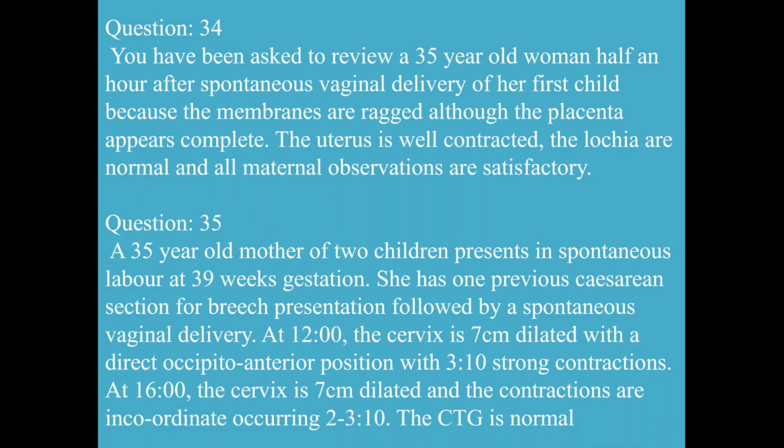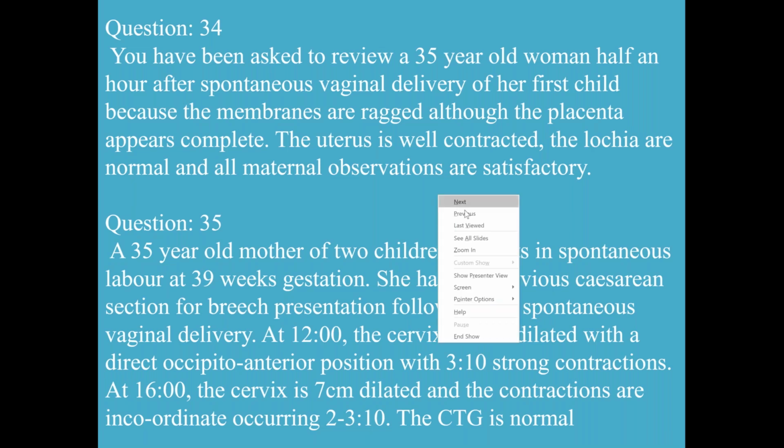You have been asked to review a 35-year-old woman half an hour after spontaneous vaginal delivery of her first child because the membranes are ragged, although the placenta is complete. The uterus is well contracted, the lochia are normal, and all maternal observations are satisfactory. Can I see the options?